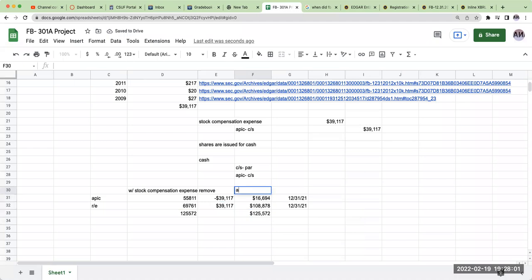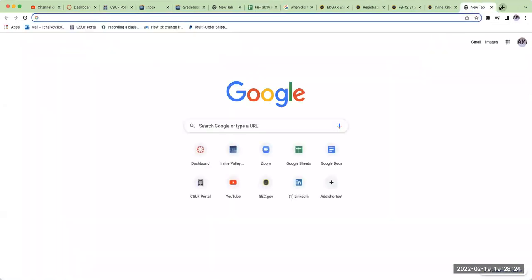However, if we have no stock compensation expense, it paints a different picture. Facebook all of a sudden has $108 billion worth of retained earnings, and they have additional paid-in capital of 16.6 billion. But as we know, how much did Facebook raise on their IPO?